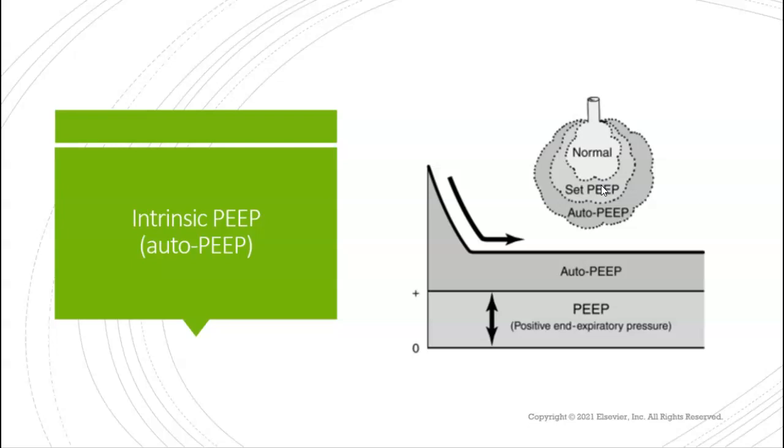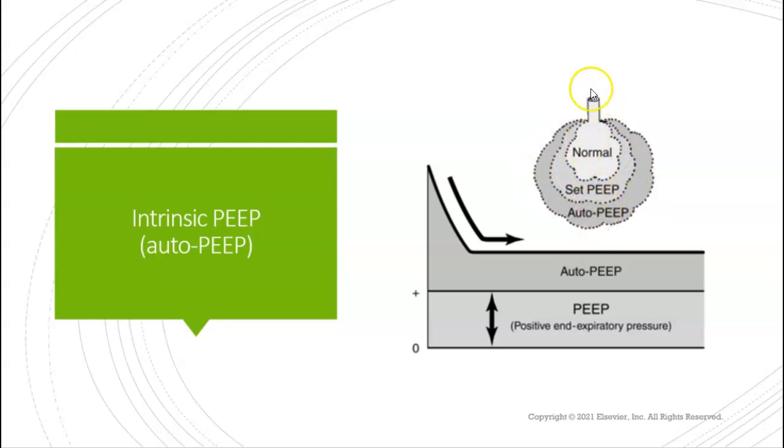On top of that, a patient can create, whether they're on the vent or not, something called auto PEEP or intrinsic PEEP. This happens when the gas in our lungs doesn't come out the way it's supposed to. So if you see this auto PEEP alveoli, it's a lot fuller than this normal alveoli. This happens because my patient gets volume into this alveoli, which fills it up nice and full.